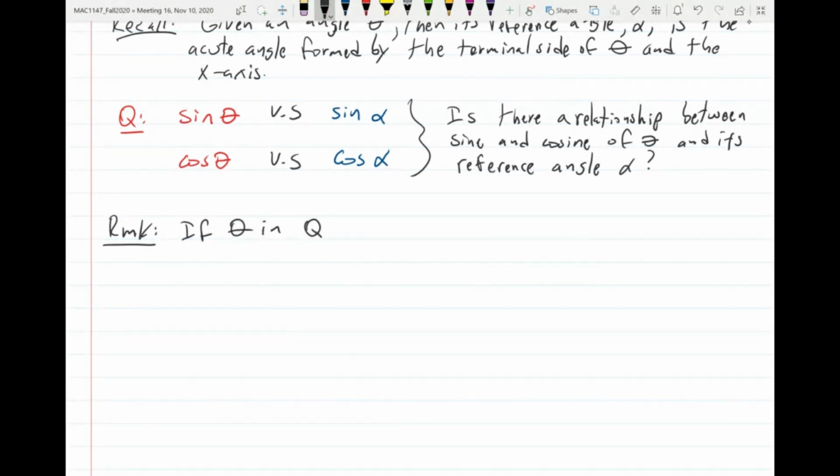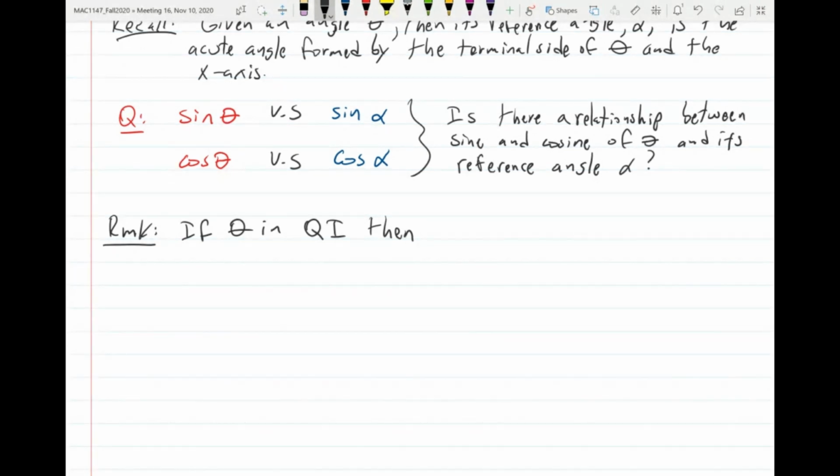So if theta is in quadrant 1, what do we know about theta and alpha? Anybody? If the angle theta is already in quadrant 1, what do we know about theta and alpha? So what's the reference angle of an angle in quadrant 1? Let's see, 35. What's the reference angle of 35 degrees?